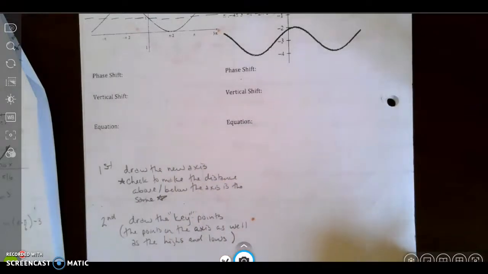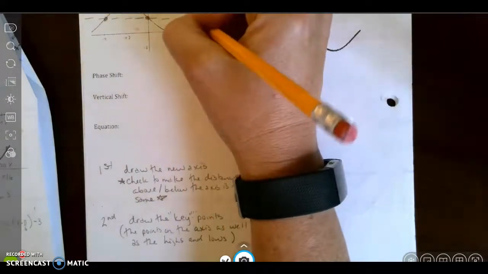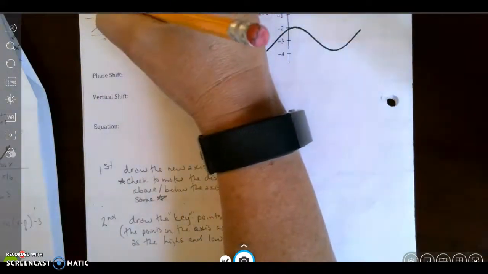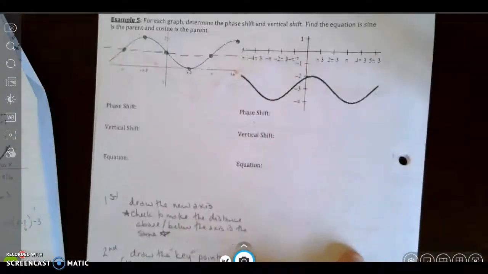Those are my key points. On the axis, on the axis, on the axis, high, low, high. Okay?